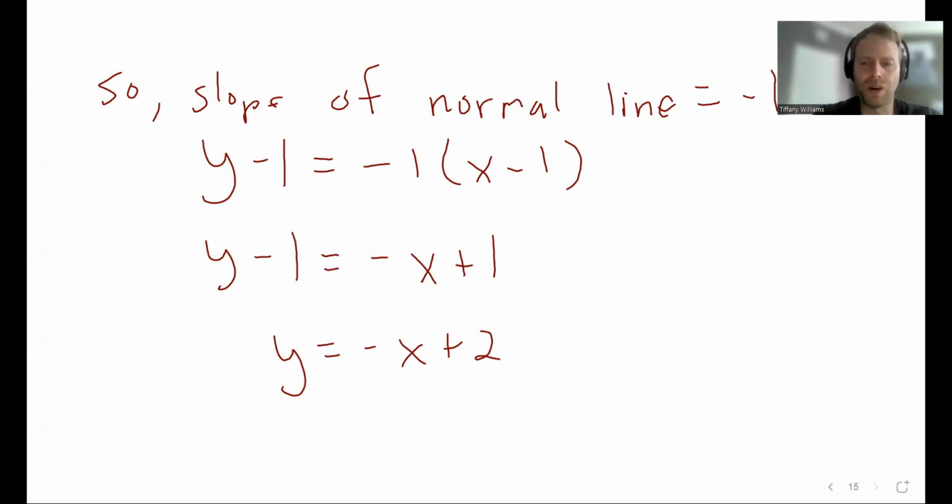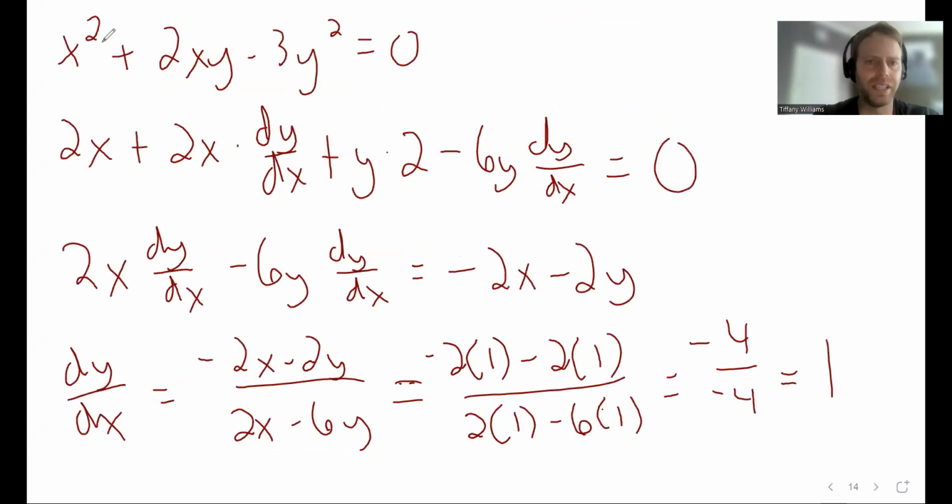Okay. So we want y to equal this. That's where these two lines will intersect, okay? So we actually plug this in for any y that we see in our original equation, okay? And then what we're going to do is we're going to solve it for x, and we'll get the x values for which these happen, okay?